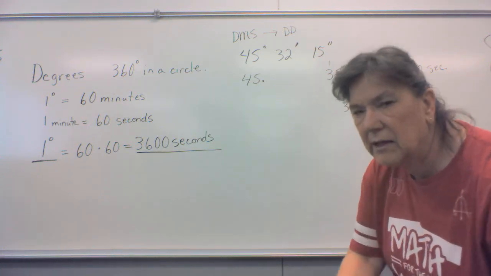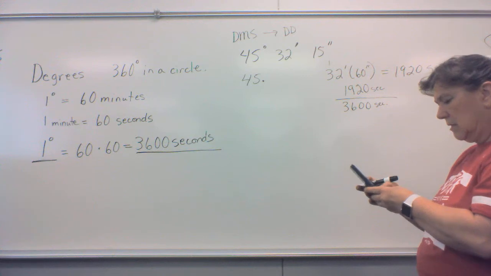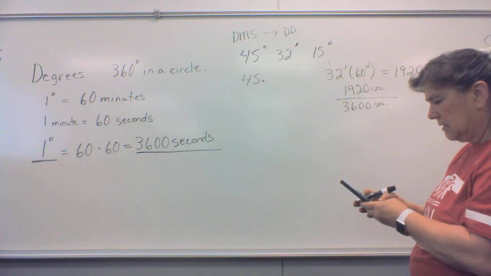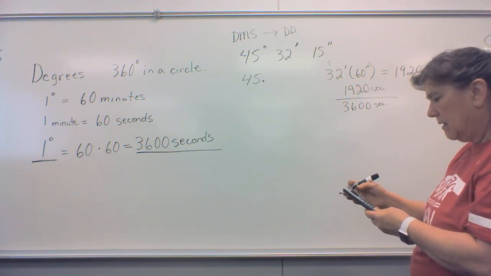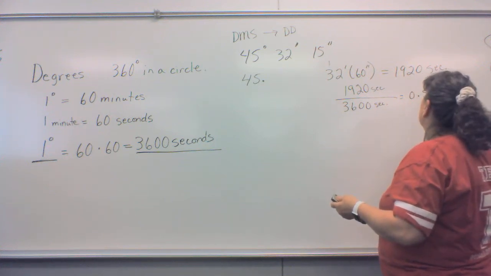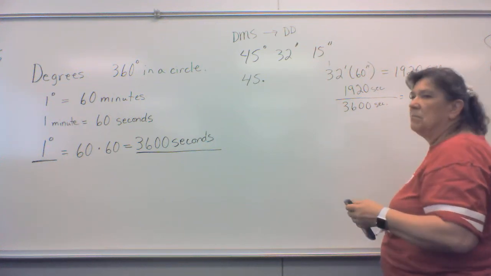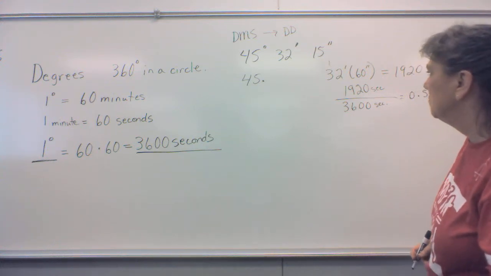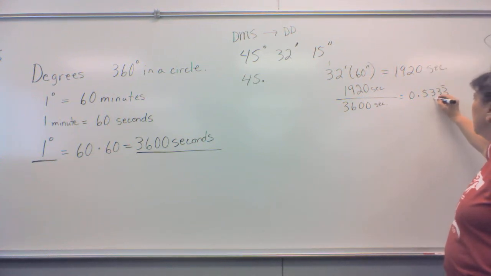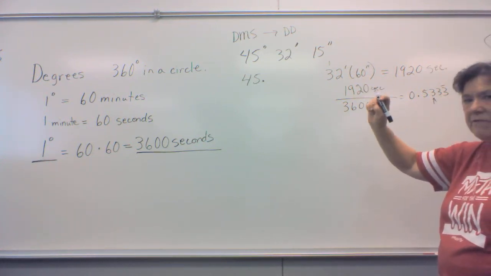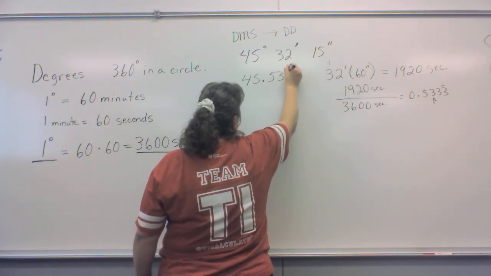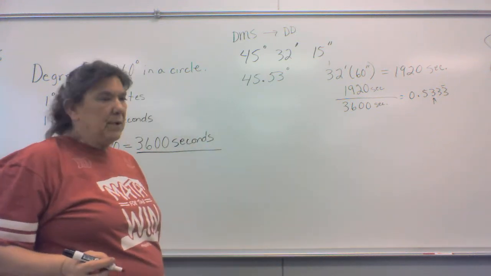So what's that going to give us? 1920 divided by 3,600 is going to be 0.5333, and it's going to keep on repeating that 3 because it ends up being a fractional part. So we're going to round it to the 100th place value, so we're going to have 45.53 degrees. Okay? Let's look at another one.